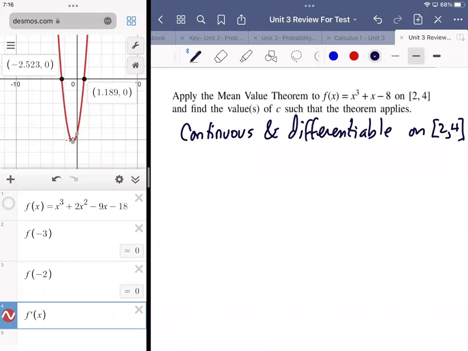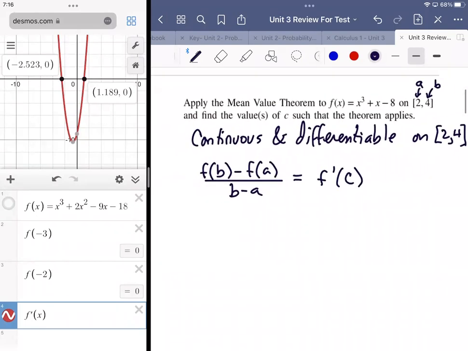So what I would do is find f of b minus f of a over b minus a, where this is my a, this is my b, and set that equal to f prime of c.